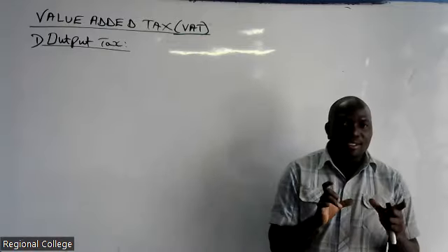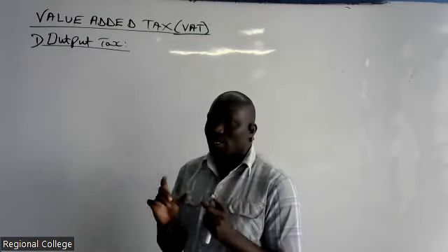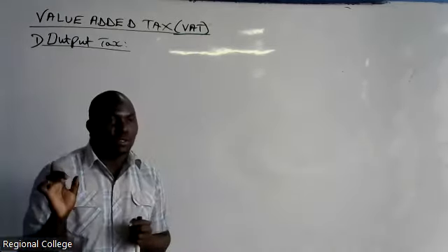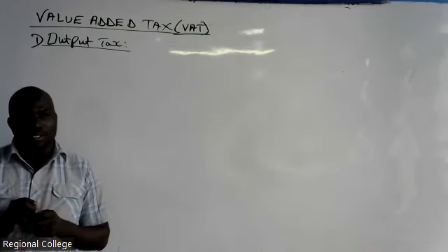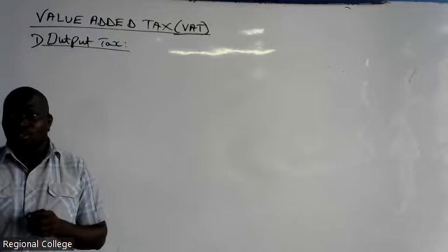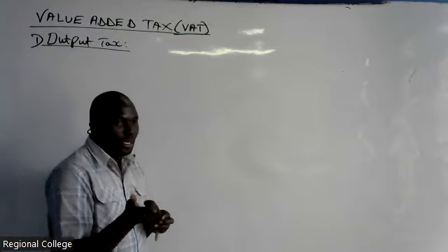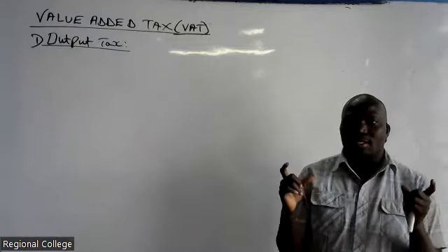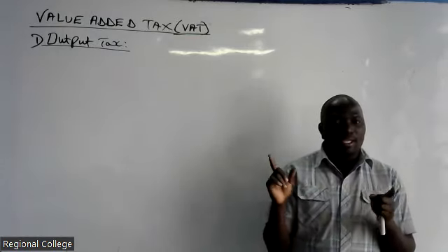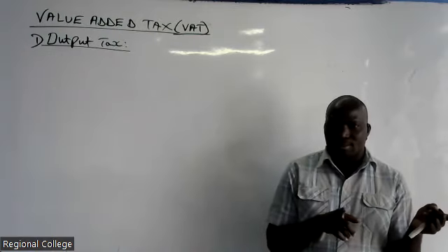Now, then there's this one unique supply that is 0% when you are supplying to privileged persons. Privileged persons are like who? When you are supplying to the presidency, you make any sales to the presidency, you can never charge them VAT, 0%.